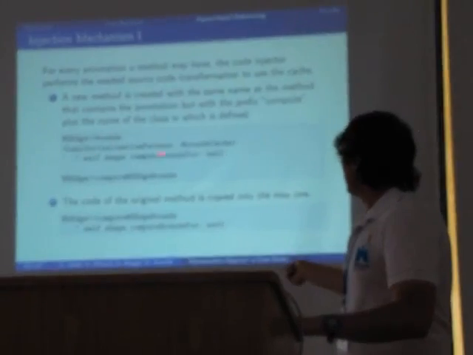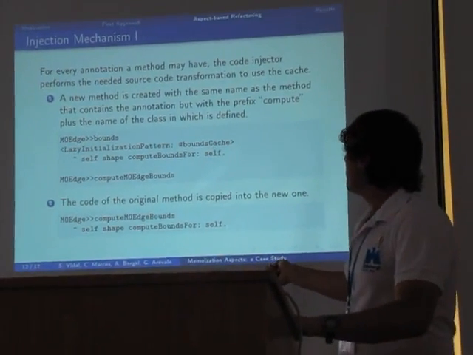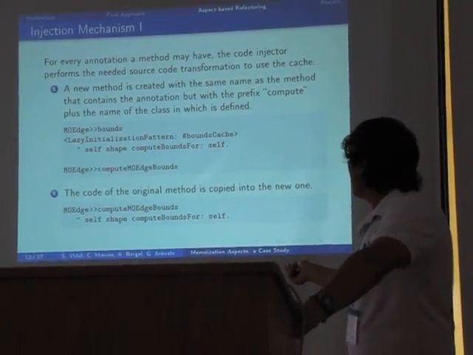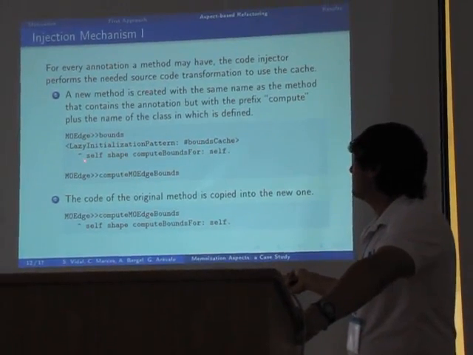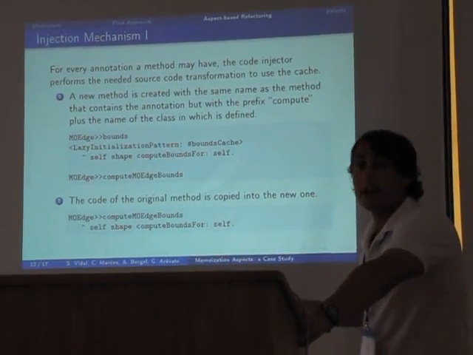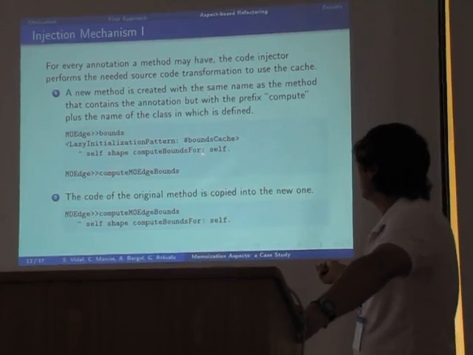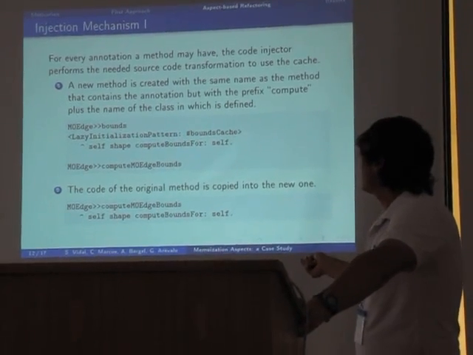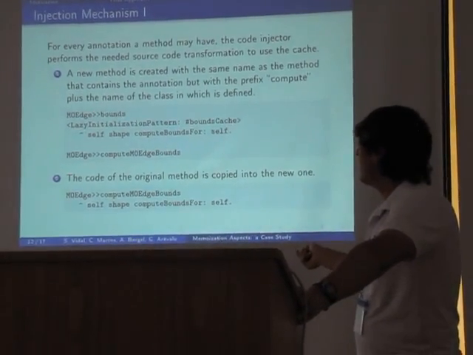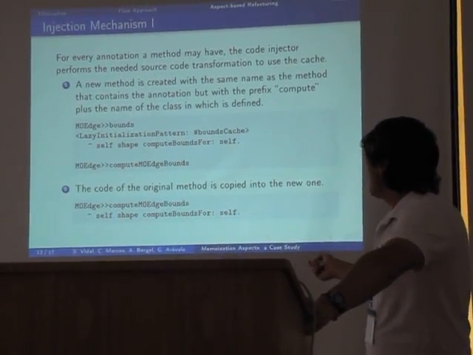First, for example, here in the method bounds, the cache concern had been extracted, so we only had the code related to the calculation of the bounds for this edge.